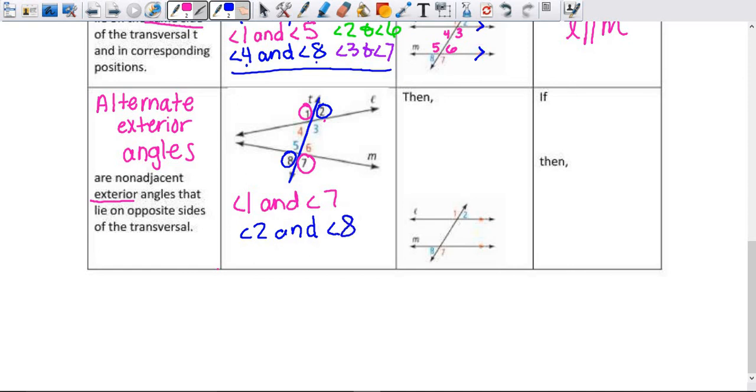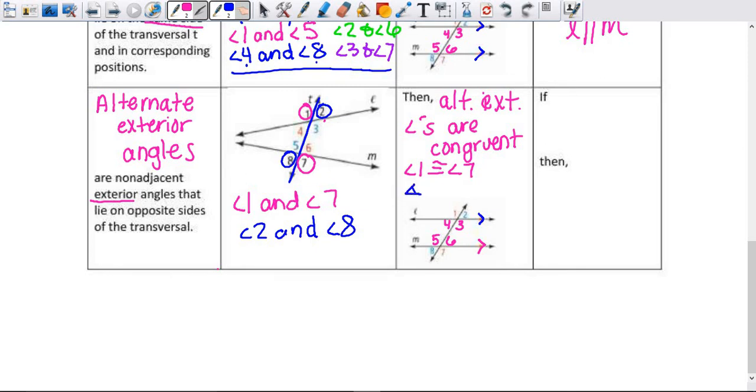All right, then what we know about them, if the lines are parallel, then alternate exterior angles are congruent. So I could say that angle 1 is congruent to angle 7 and angle 2 is congruent to angle 8.